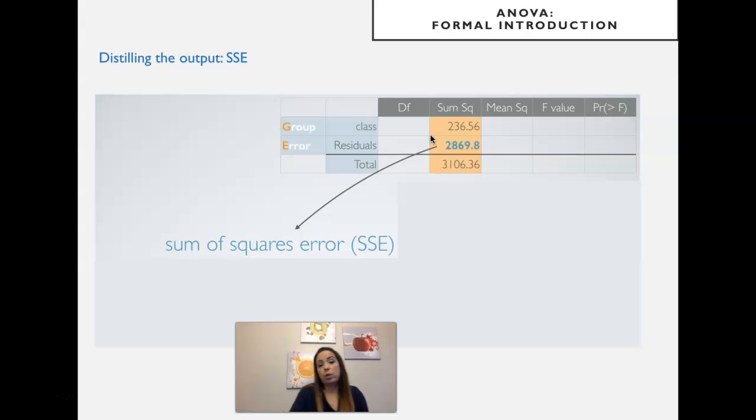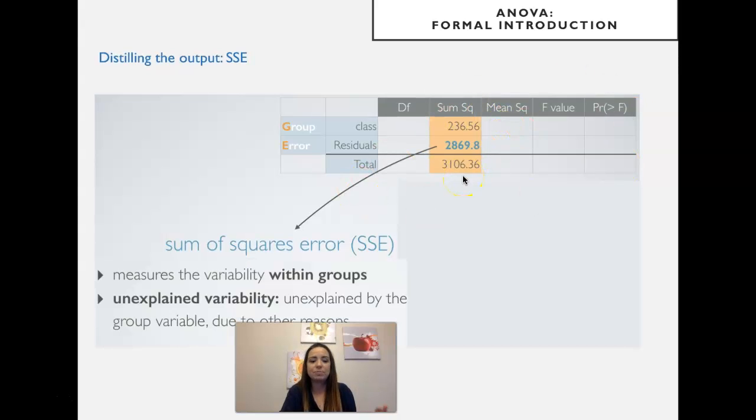How about the sums of squares of error? So we have the total variability to be explained. We have the variability that can be explained with the explanatory variable that we have at hand. And what's left over is just this minus this. It's the total minus the variability that can be explained, the between group variability, okay?